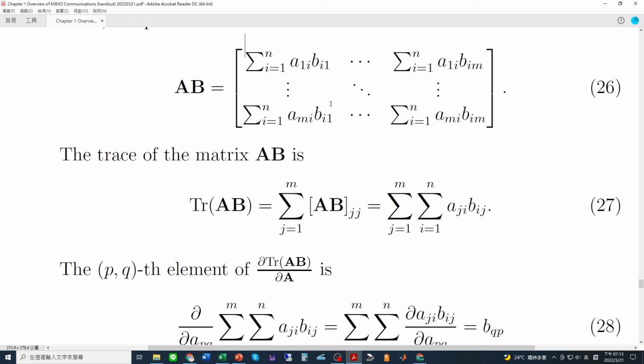So it is equal to the summation of this term and so on to this term.